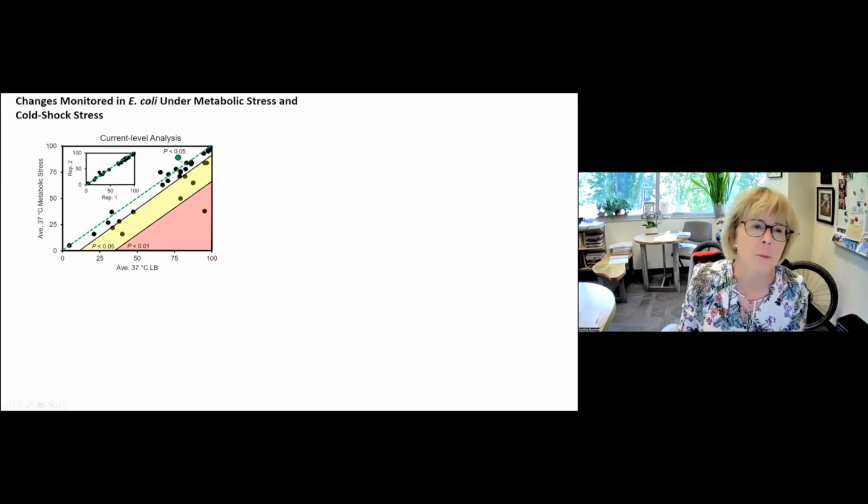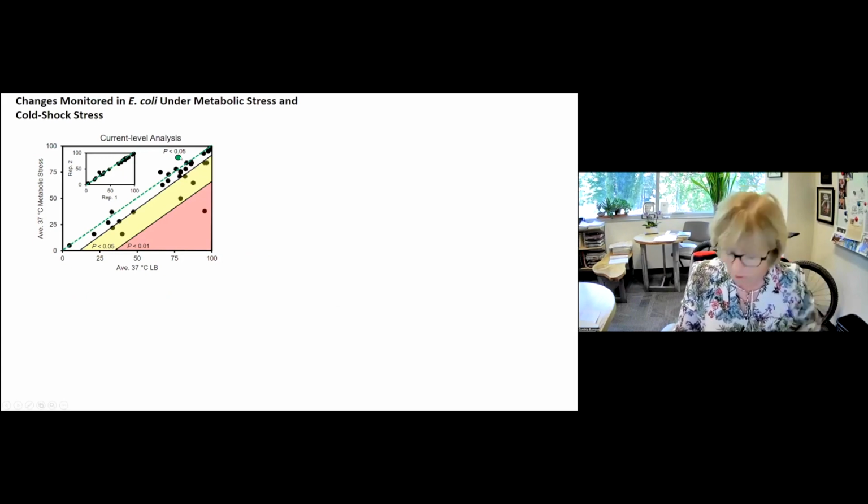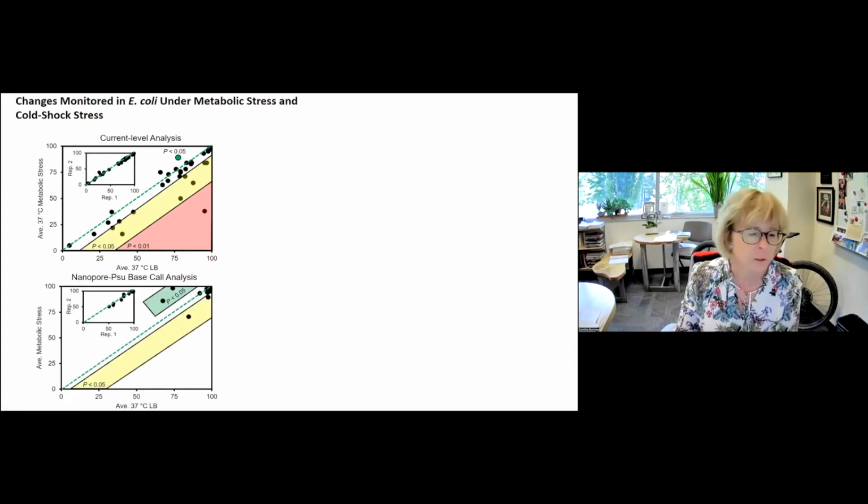Although here's an example, the green one up top, that's an example of one that increases. That's a pseudouridine, actually. It increases under stress. If we look just at the pseudouridines by nanopore, there are 2 of them that perhaps increase. Most of them decrease a bit or stay the same.